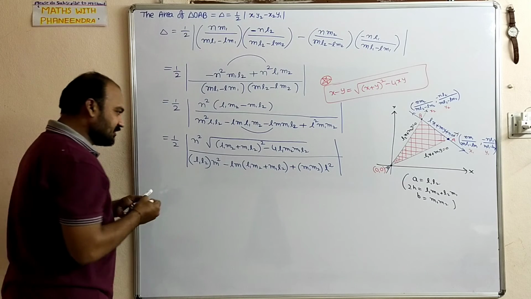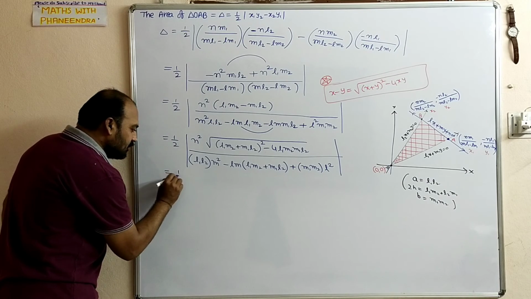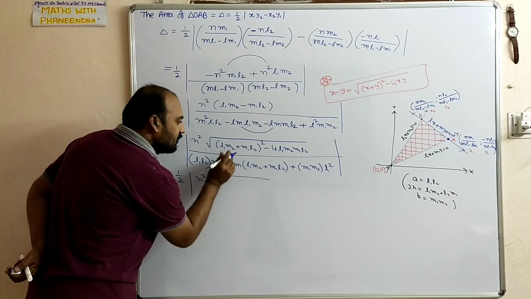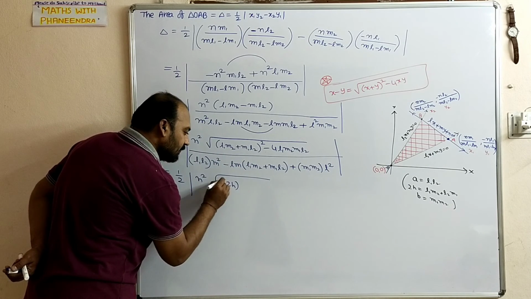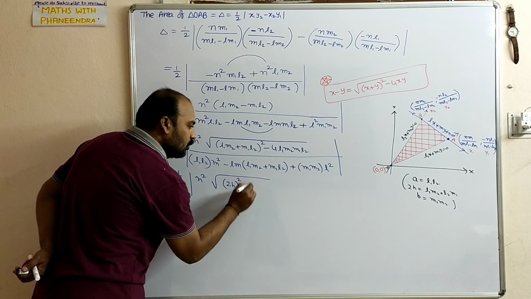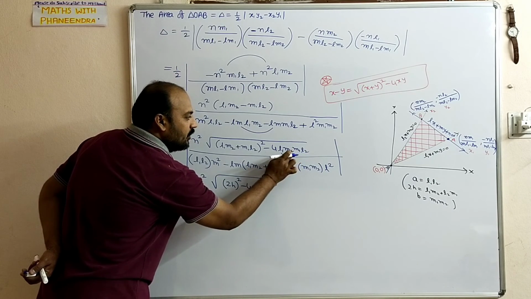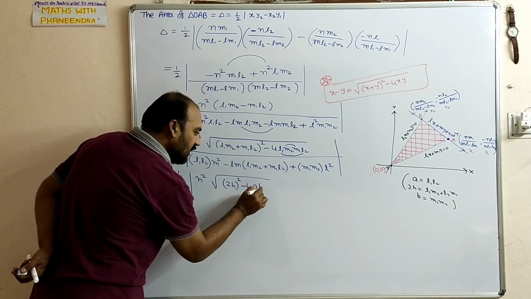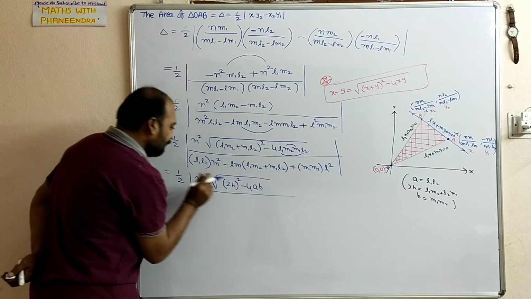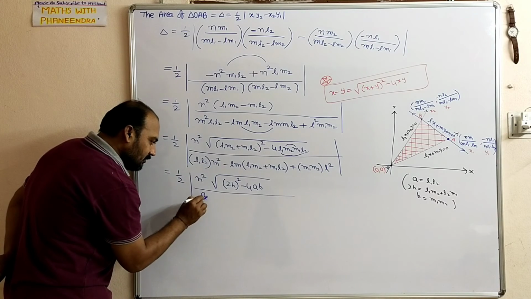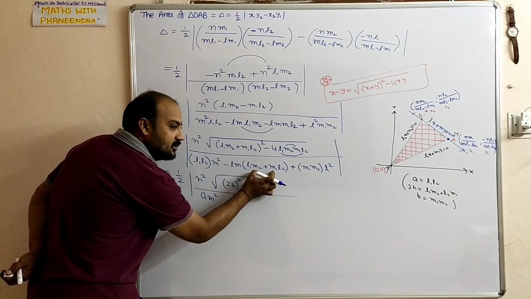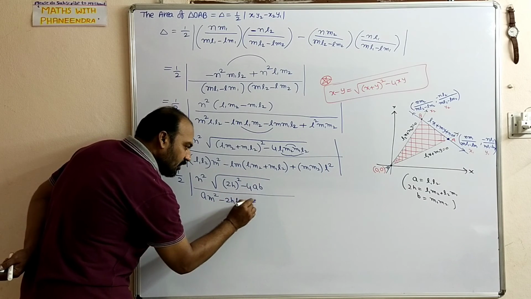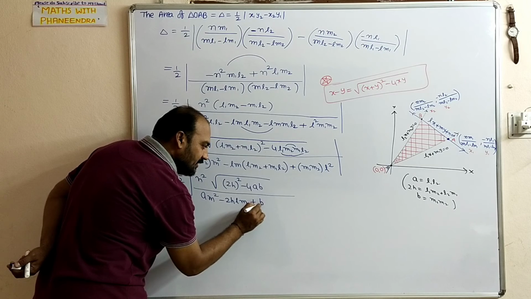So it will become half into n square, root of 2h whole square minus 4 into L1 L2 value A, M1 M2 value B, divided by A M square, bracket value is 2h into Lm minus 2h Lm plus M1 M2 is B L square.